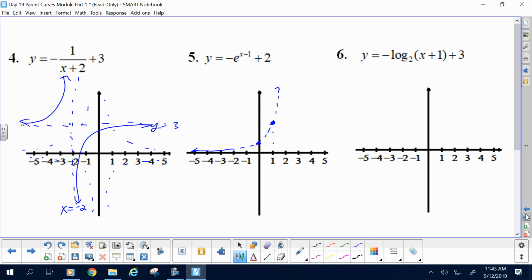When the negative is on the x, I mean, that is a great answer, but the shape.